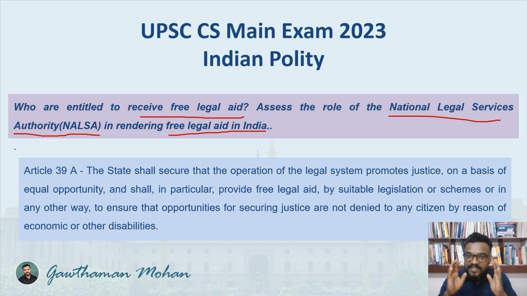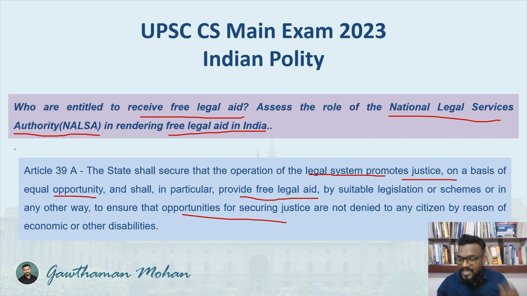While addressing this question, one thing to be noted is regarding the DPSP, Directive Principles of State Policy. Article 39A says that the state shall secure that the operation of the legal system promotes justice on a basis of equal opportunity, and shall in particular provide free legal aid by suitable legislation or schemes or in any other way, to ensure that opportunities for securing justice are not denied to any citizen by reason of economic or other disabilities.